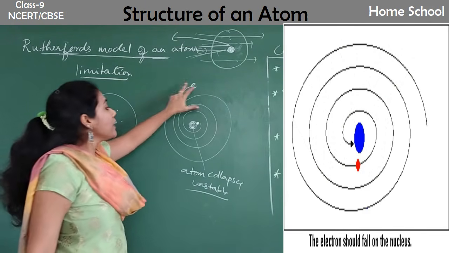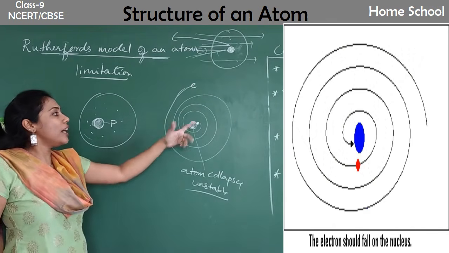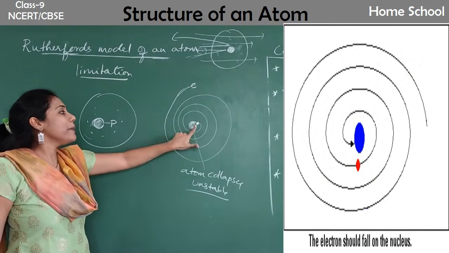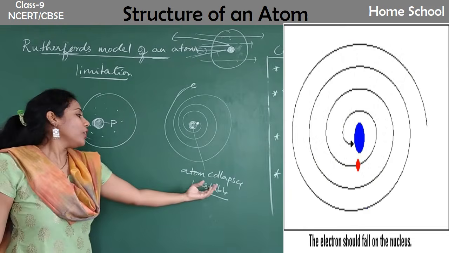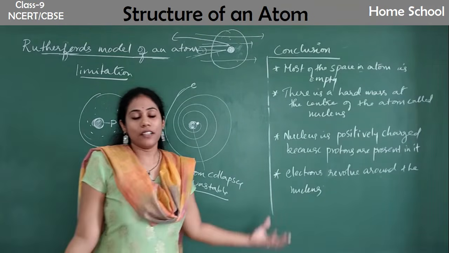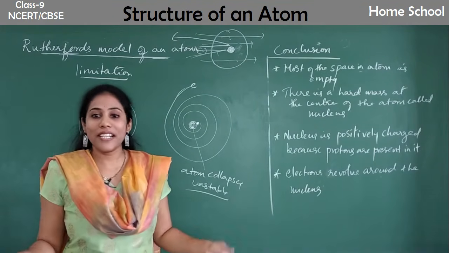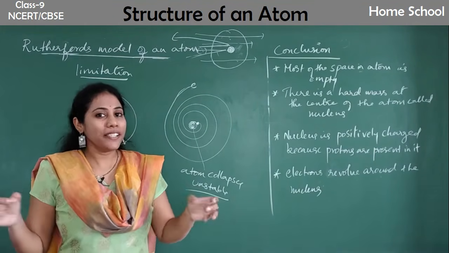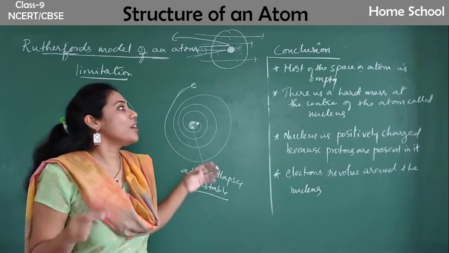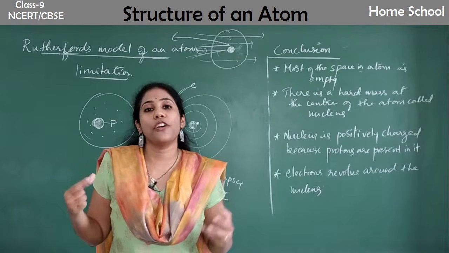But if the electron revolves around the nucleus, since it's a charged particle, it will lose all its energy and finally it may fall on the nucleus, collapsing the atom. This is what happens according to his theory. For this, he could not give any explanation. That's the reason we normally don't consider his concept as the exact concept for the structure of the atom.